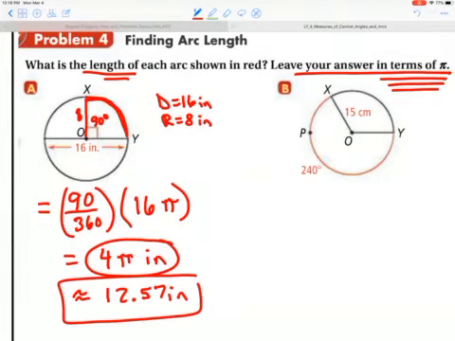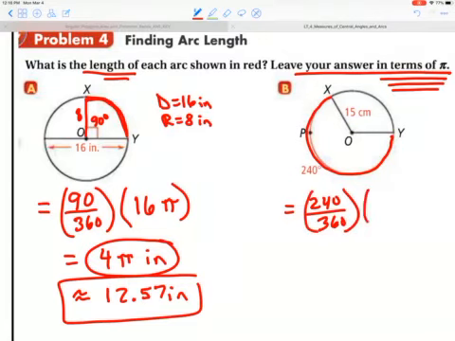Take B. Find the arc length, the exact and the approximate. All right, you can see that we're going all the way around this way. And that's 240 degrees out of 360 times my circumference, which is diameter times pi. Diameter is 30 times pi. So if I multiply everything but pi, I get 20 pi centimeters.